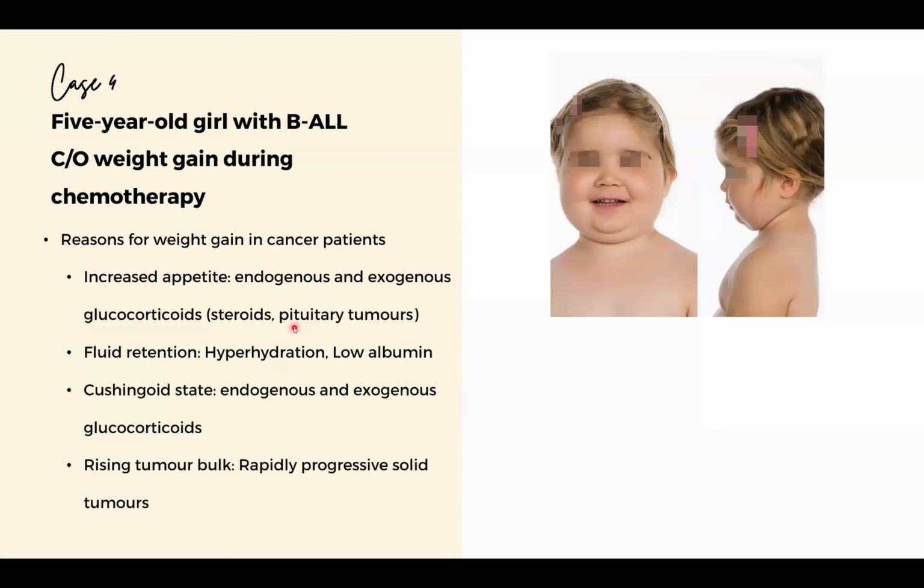So we really have to look into the patient and see whether the patient is gaining weight due to fluid overload, or because of the cushingoid features, or whether the patient is purely eating a lot of carbohydrates with the increased appetite, or whether there's a hormonal imbalance, or sometimes significant gaseous distension.